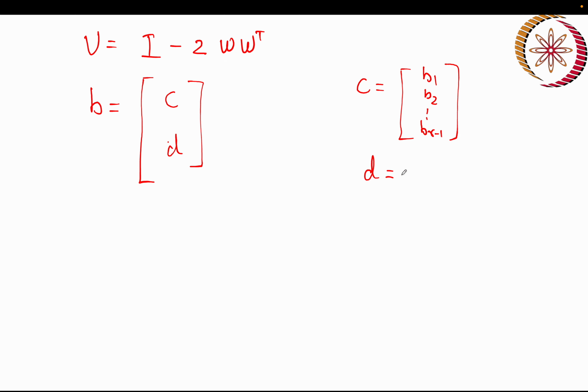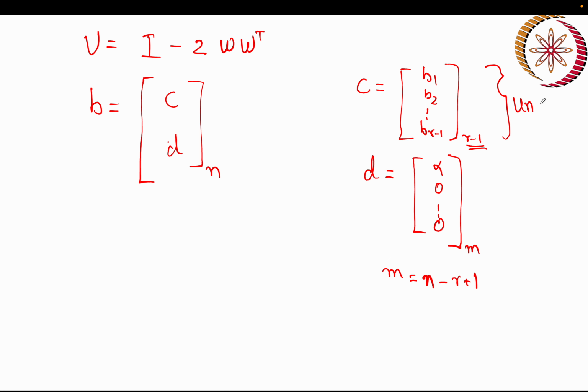So d is nothing but alpha, 0, and this c has size r minus 1, and d has size m, where m is equal to n, since the total vector is of size n, minus the r minus 1 terms we are not taking, so it will be n minus r plus 1. So this is the size of d. Okay, so you can see this c part is unchanged.